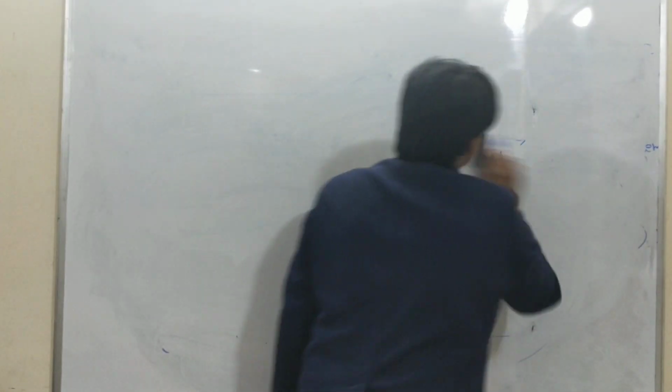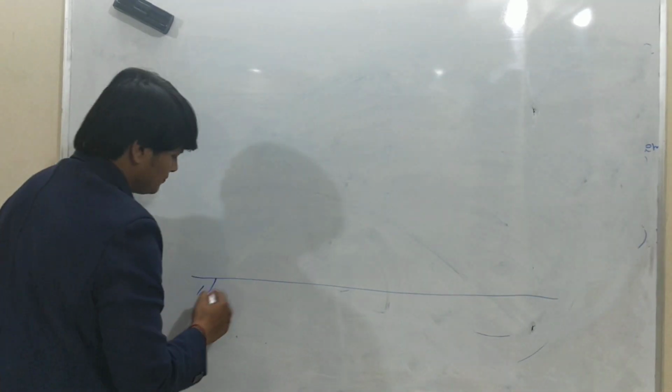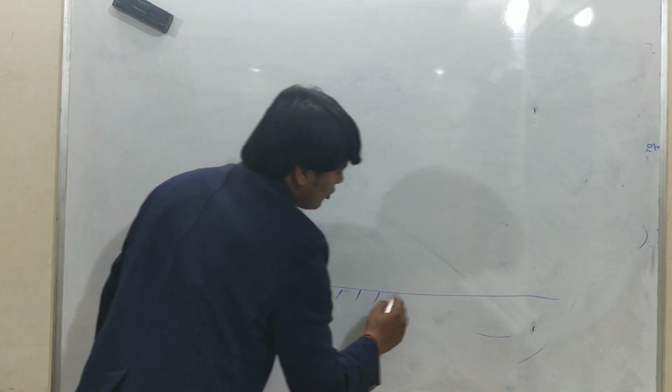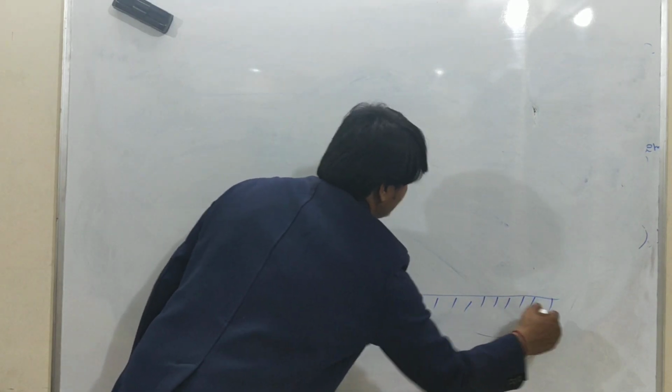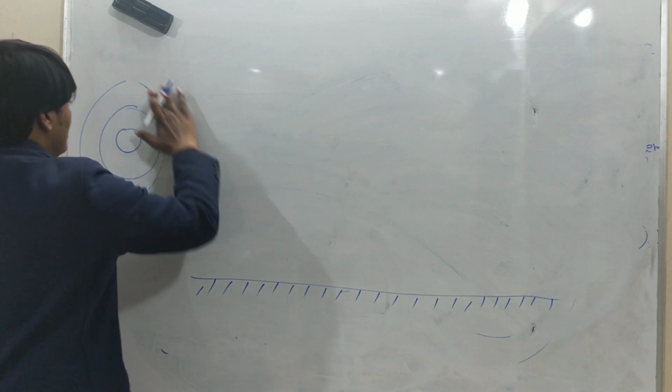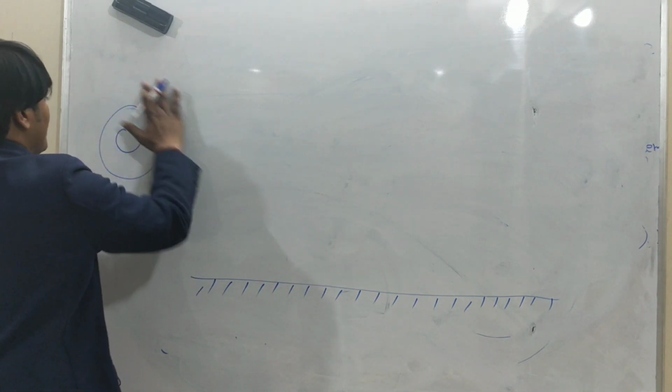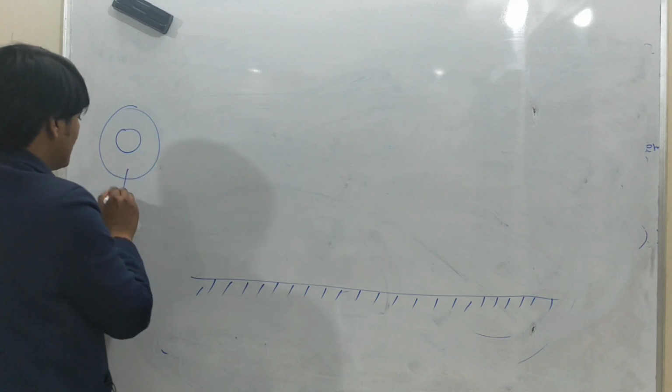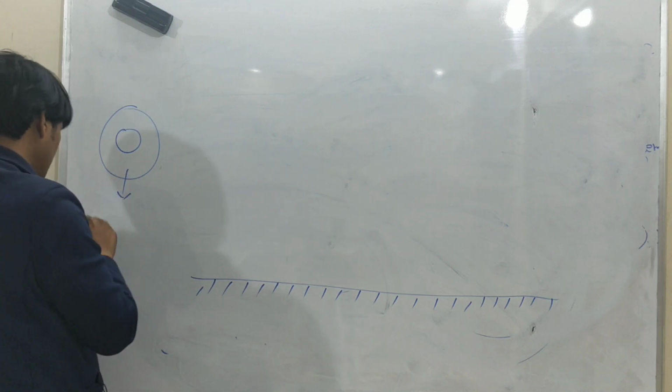Suppose this is the Earth's surface, and we are talking about the troposphere only, not other spheres of the atmosphere, which is the first layer of the atmosphere.